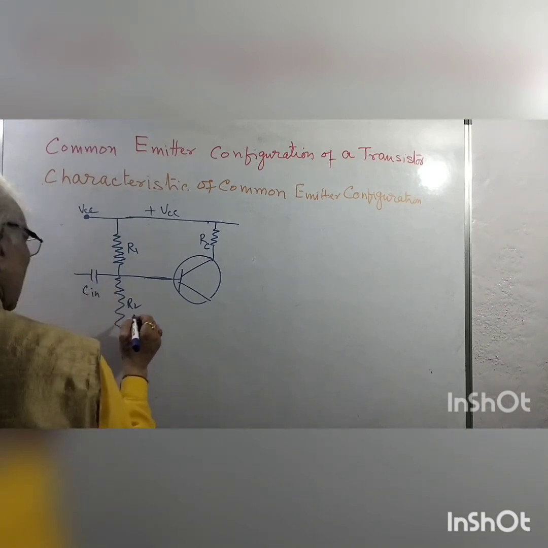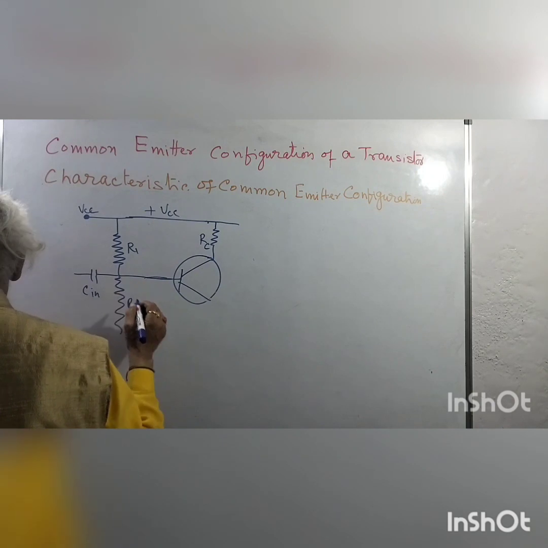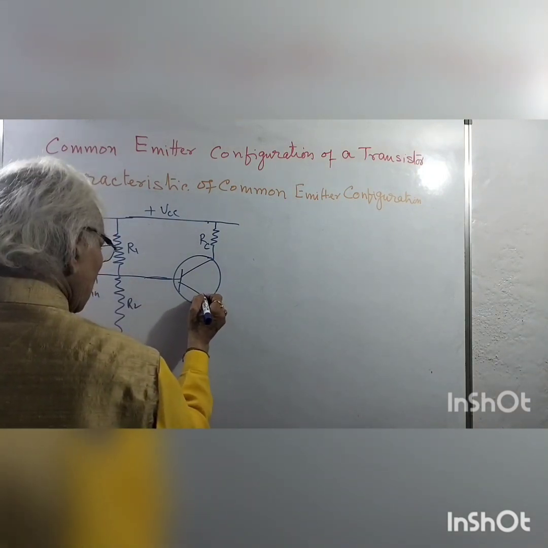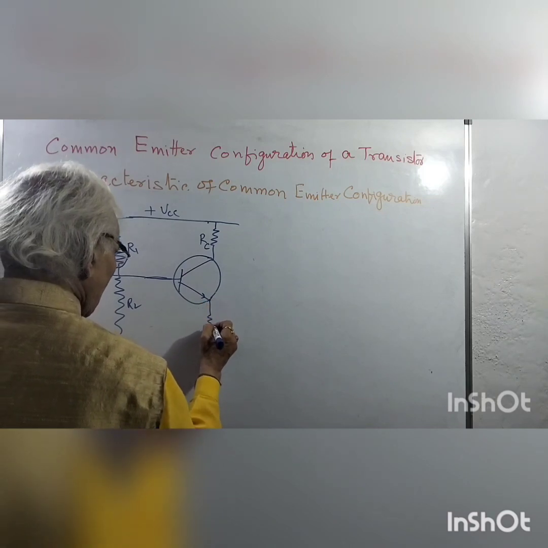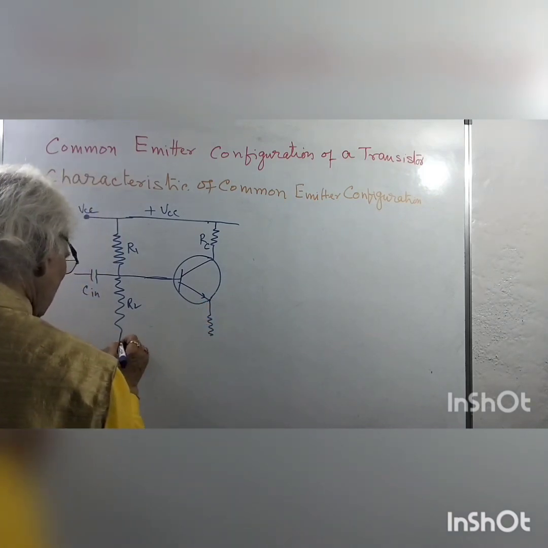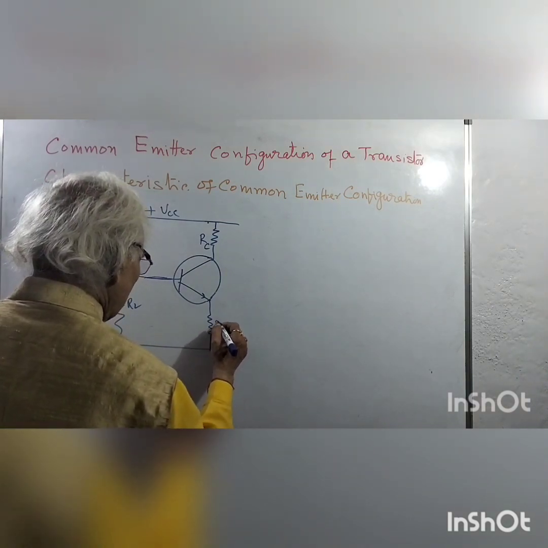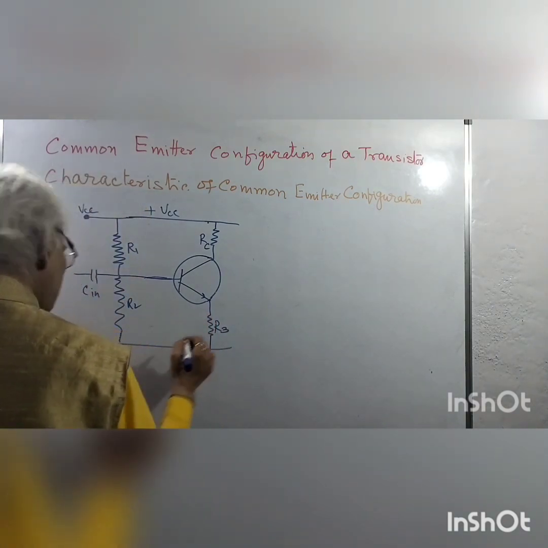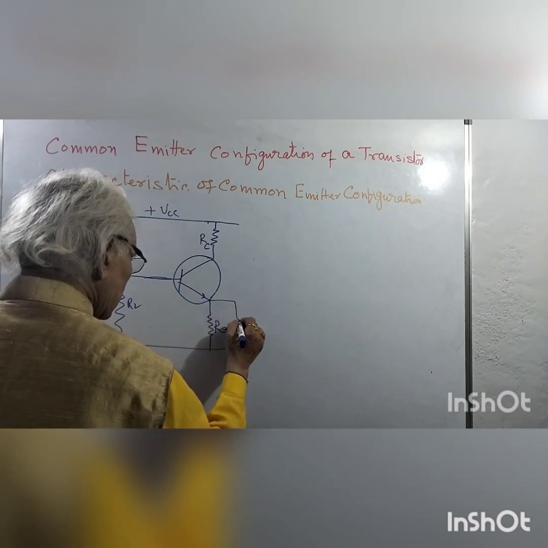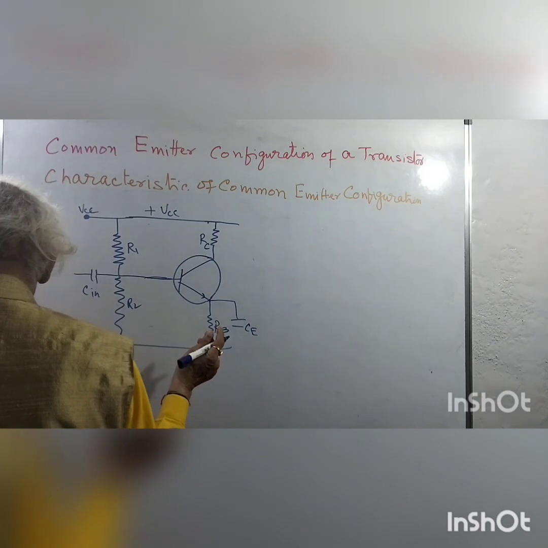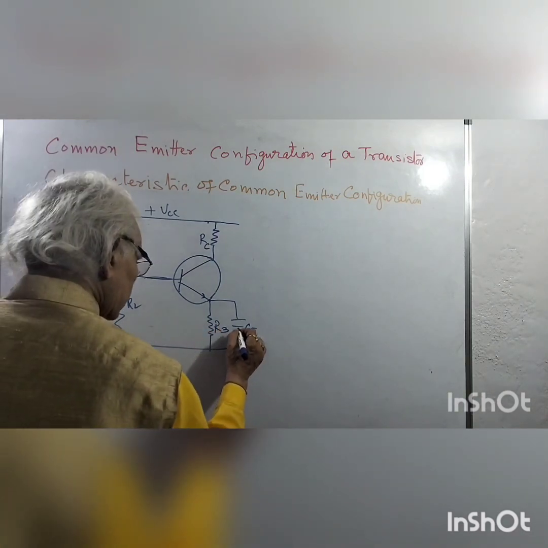Here is the emitter resistor, this is R3, and this is CE, the emitter capacitance.